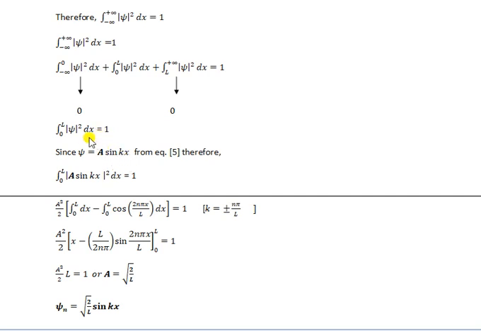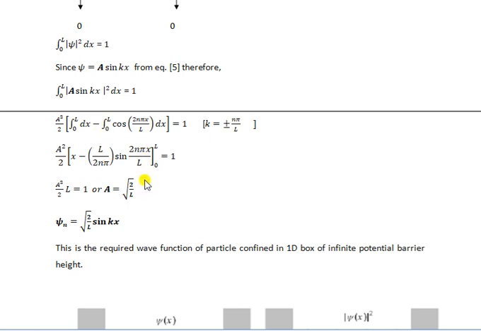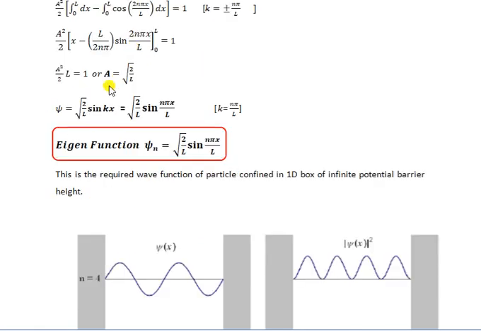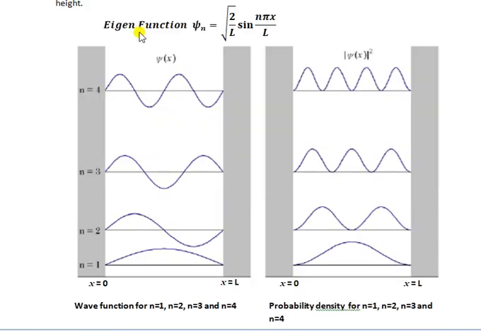After putting this value and integrating this, we find that A equal to root 2 by L. So after putting the value of A in the wave function, we get psi equal to root 2 by L sin kx, and we know that k equal to n pi by L, so it becomes root 2 by L sin n pi x by L. So psi depends upon n, so we can write it as psi n equal to root 2 by L sin n pi x by L. It is called the eigenfunction.